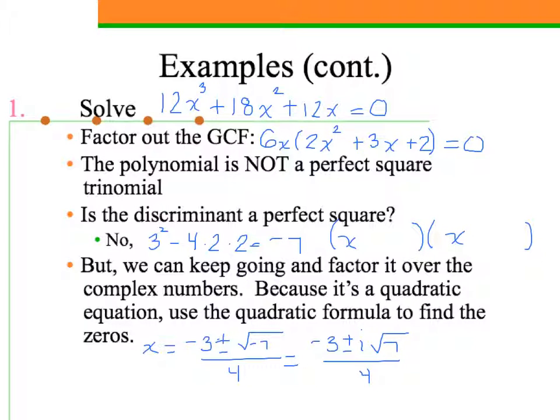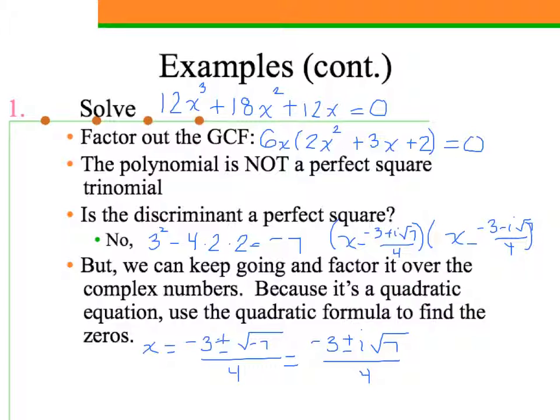And with imaginary or complex zeros like this, the opposite sign would be x minus that quantity, negative 3 plus i square root 7 all over 4, and x minus that quantity, negative 3 minus i square root 7 all over 4.